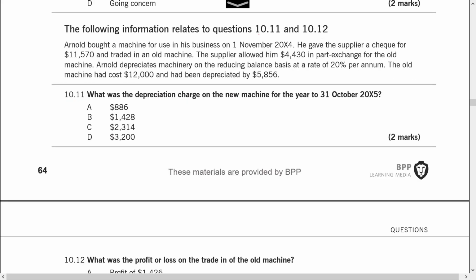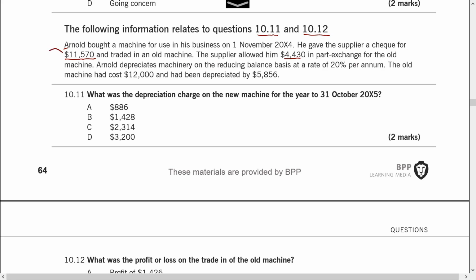Now next we have question number 11 and question number 12. The data for both of them is same. A bought a machinery for use in his business on 1st of November 04. He gave the supplier a check for 11570 and traded in an old machine. The supplier allowed him this amount in part exchange for the old machine.